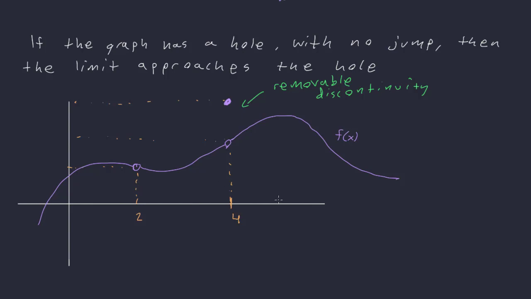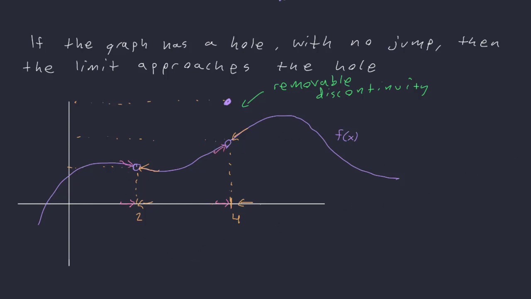Okay, so notice that as we approach x from either side, on both of these, the graph itself will get closer and closer to the open dot. So that's what I mean when I say that the limit will approach the hole.